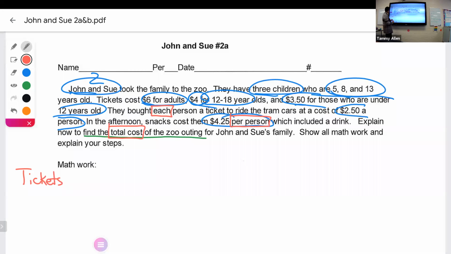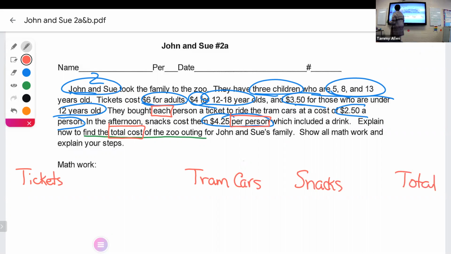Tram cards. And then our total, right? So we should be able to organize our information into those 4 areas, right? Okay.